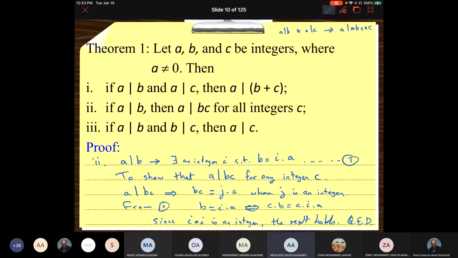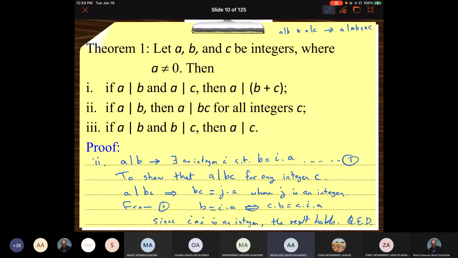And with the first one, since A divides B and A divides C, then A divides the sum of B and C. So we can go to the point that A divides MB and A divides NC, so we can just sum it. So A divides MB plus NC.